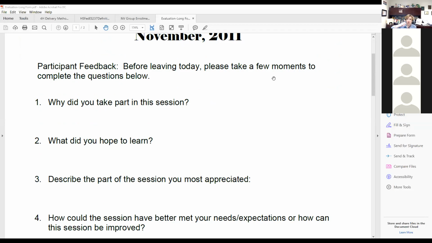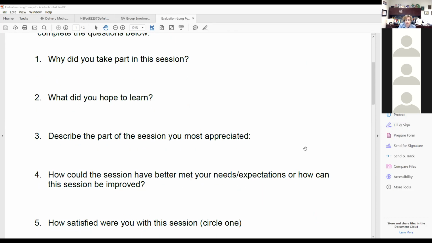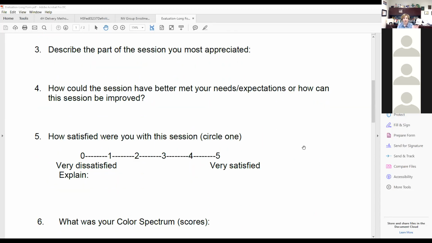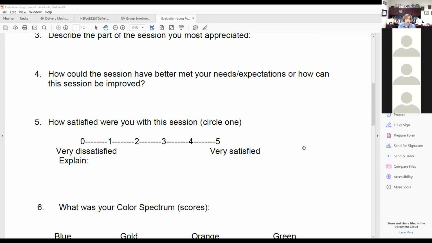If I'm getting a theme that they all want to learn about this one thing, but I'm not teaching it, then I probably need to be teaching it if it is related to this topic. What did you most appreciate? How could it better have met your expectations? And how satisfied were you with the session?